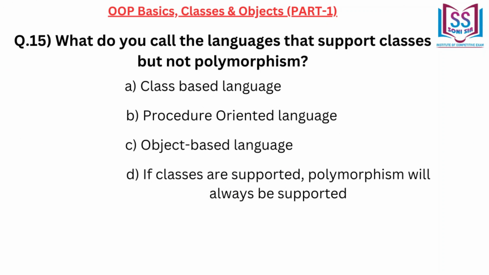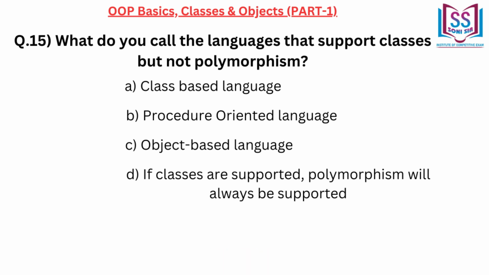What do you call the languages that support classes, but not polymorphism? A. Class-based language. B. Procedure-oriented language. C. Object-based language. D. If classes are supported, polymorphism will always be supported.